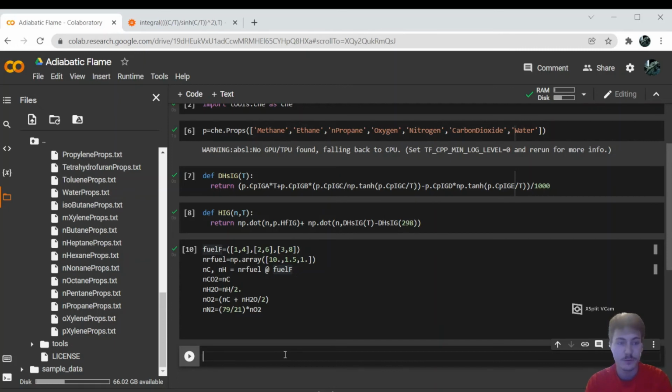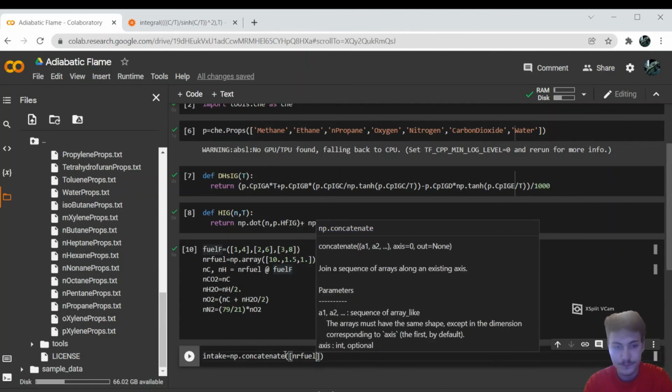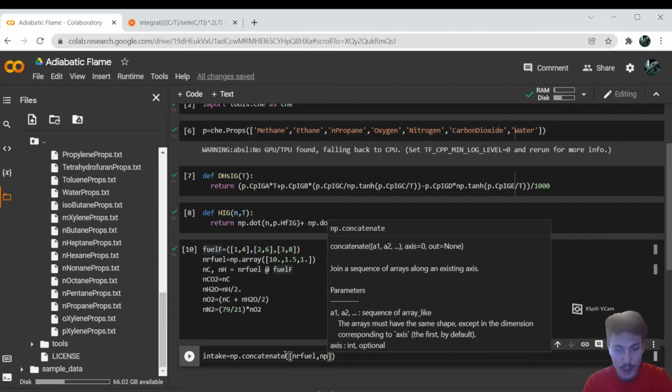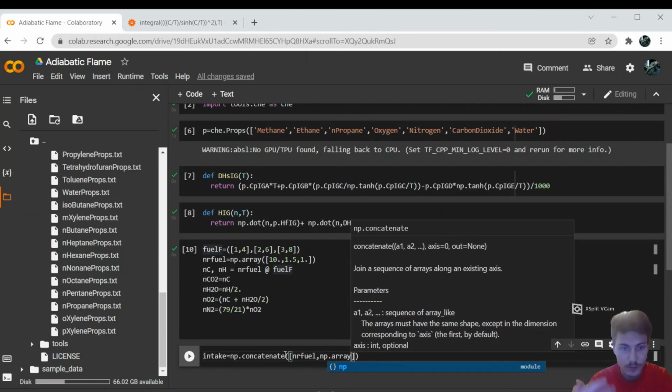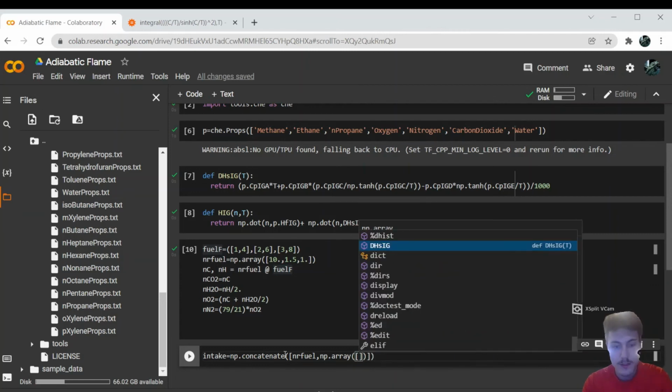Okay, so now we can do something called concatenate for our intake and our outtake of our products. We'll start with intake, so intake is equal to numerical Python dot concatenate, and at first we pass in the starting ratio of fuel, and then we will next add an array of our starting values.